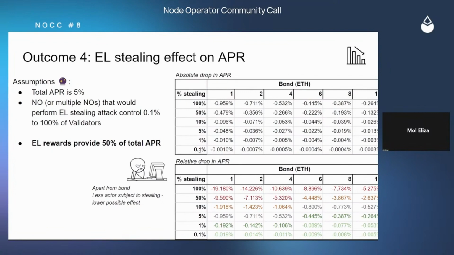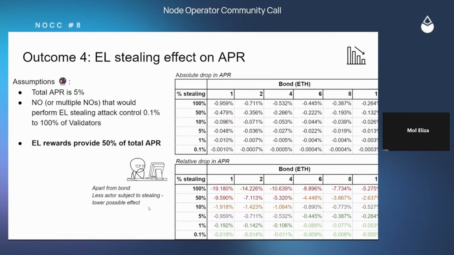So applying the curve above to the percentage of node operators that are considered subject to stealing, we could calculate the maximum possible impact on the protocol in terms of drop in APR and in terms of relative drop in APR, within an assumption on which part of the whole APR EL rewards are providing for. Again, using the risk-averse approach, the more EL rewards are responsible for APR, the more prone we are to this attack, as it affects only EL rewards.